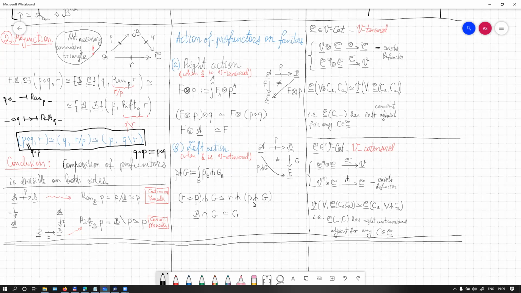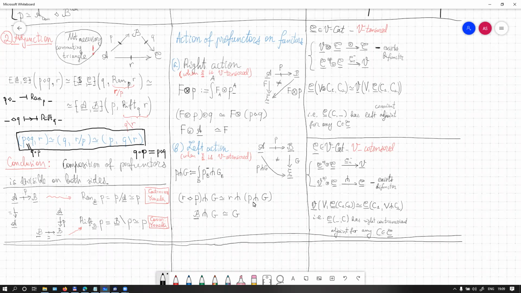However, to go even a little deeper, and this will be super helpful later today, we need to talk about actions of profunctors on functors. So what do I mean by action? As you remember from general algebraic courses, if we have a group, sometimes we can find a set on which the group acts. It means that for every element of a group and element of a set, there is defined some composition or action of the group element on the set element, which gives another set element.